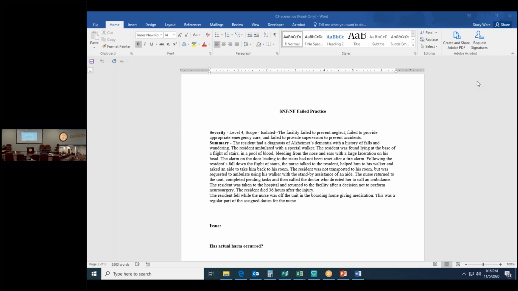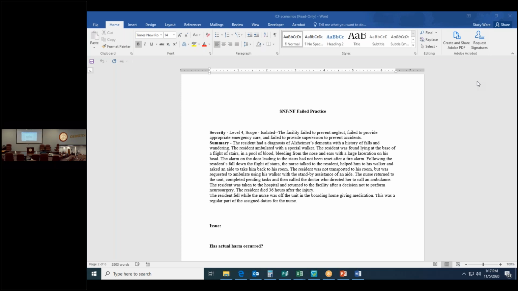The alarm on the door leading to the stairs had not been reset after a fire alarm. Following the resident's fall down the flight of stairs, the nurse talked to the resident, helped him to his walker, and asked an aide to take him back to his room. The resident was not transported to his room, but was requested to ambulate using his walker with the standby assistance of an aide.